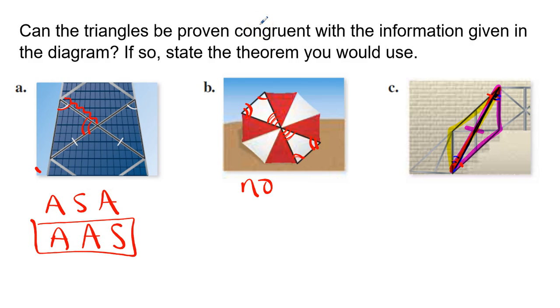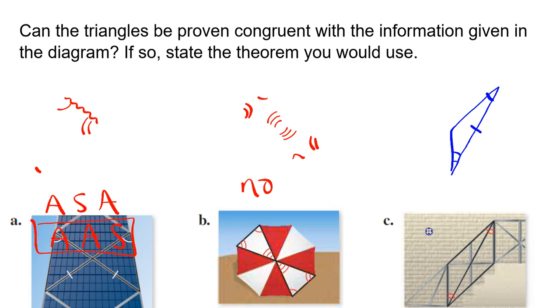Now, in order to decide what it is, I'm going to erase all of that coloring. I'm going to go back in and mark this one side, and I'm going to outline one of my triangles. And I have this angle and this one. So is the side that we have the side that connects the two?